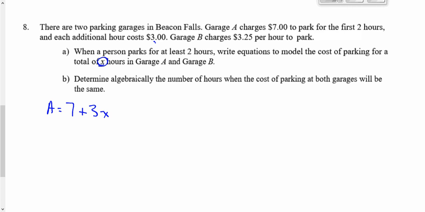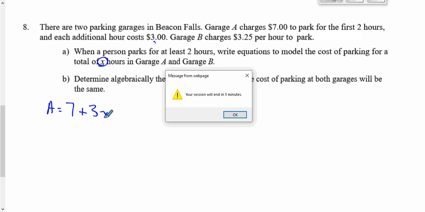In other words, how much less than the total number of hours? Because of these X hours, 2 of them are accounted for with the $7. You follow me? So it's not 3 times all of the hours. It's 3 times the number of hours, what? You said it. Minus 2.